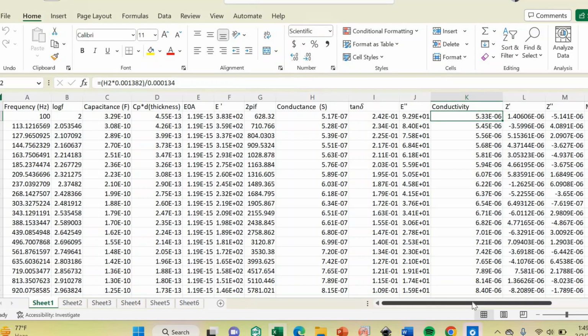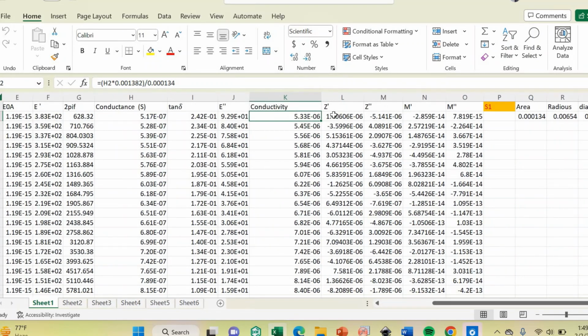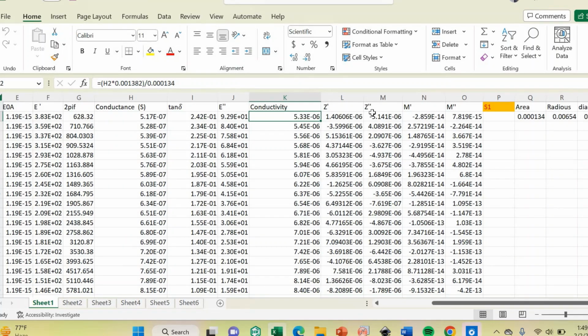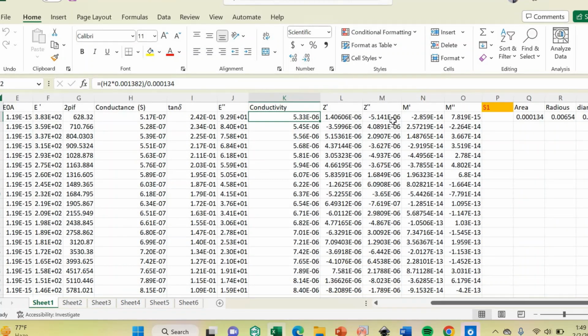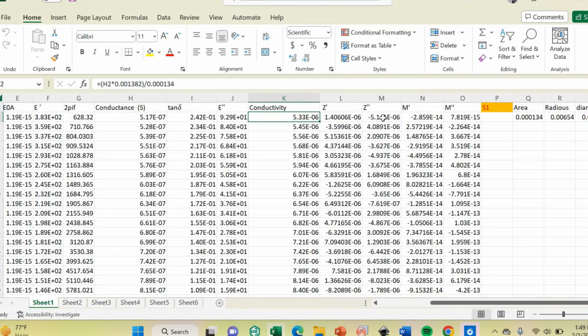Then you have to see the two parameters, Z prime and Z double prime. Z prime indicates the real part of impedance, and Z double prime the imaginary part of impedance. So how can you calculate Z prime?